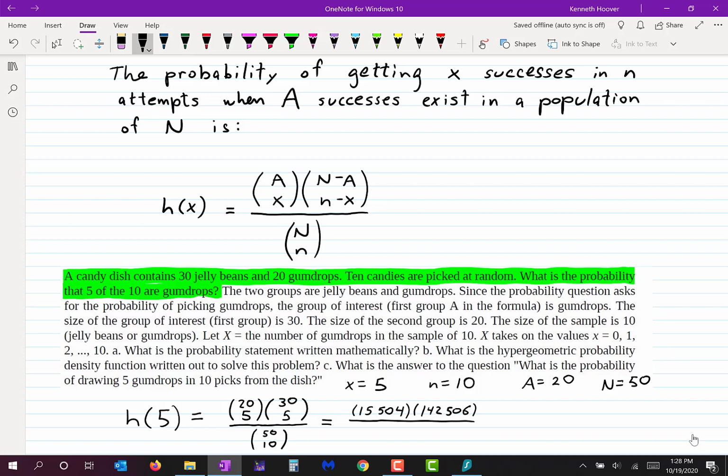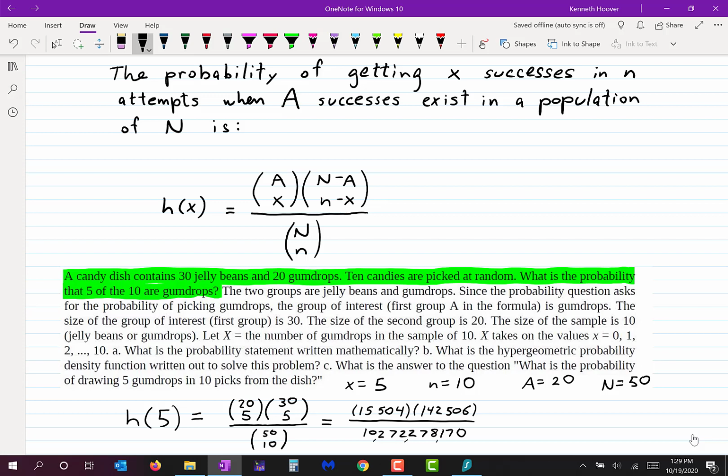And 50, choose 10, is pretty huge. That is 10,272,278,170. So let's see. That's a little over 10 billion.